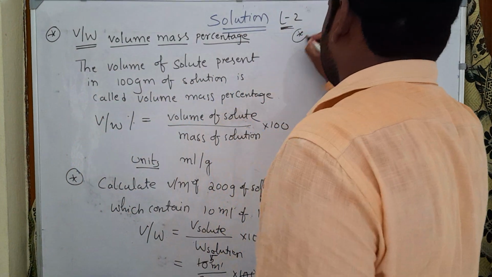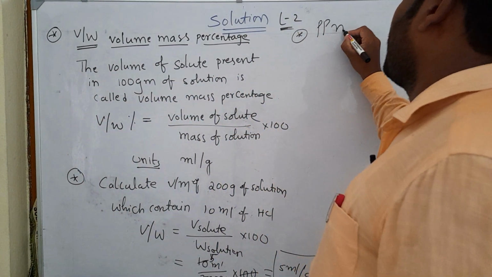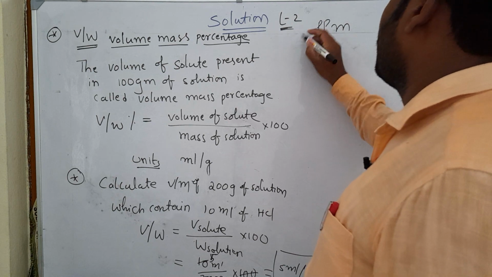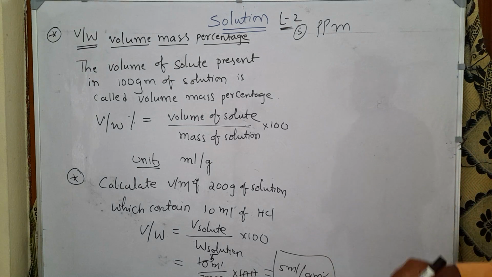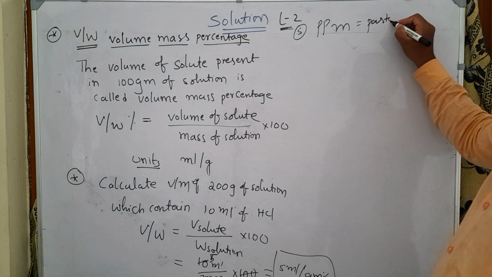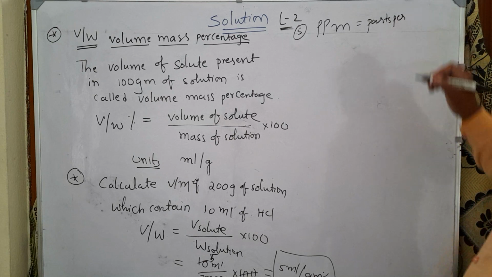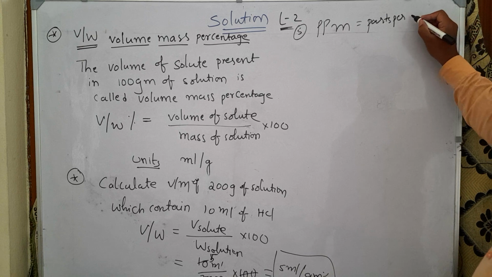Next we have ppm. This is the fifth method. What is ppm? The full form of ppm is parts per million.